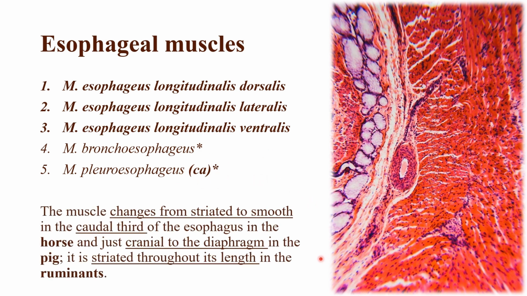And also, muscle changes from striated to smooth in the caudal third of the esophagus for horses, then just cranial to the diaphragm for pigs, and then it's always striated throughout its length for the ruminants.